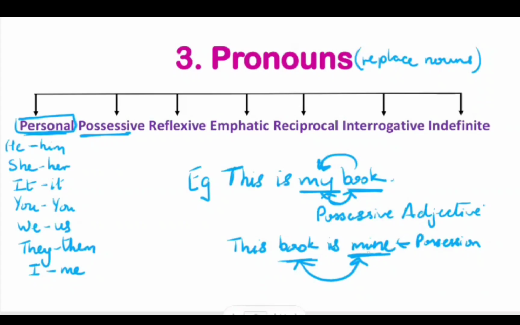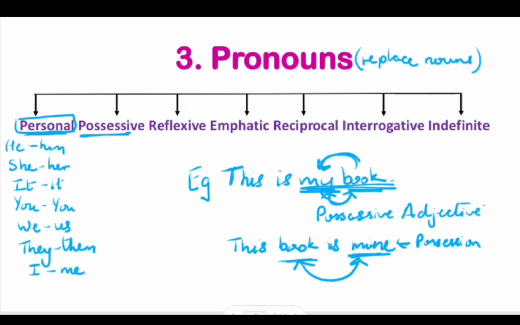If the possessive word does not lie right next to the noun, then it is a possessive pronoun. If it is together, see, "my book", the possessive word is lying right next to book in this example.